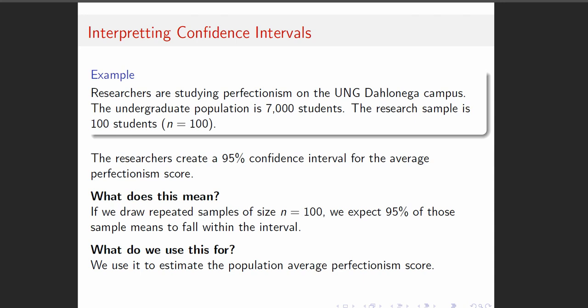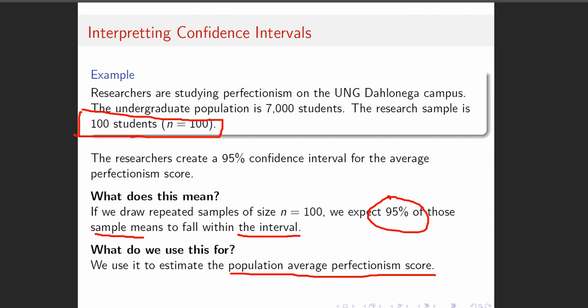If we repeatedly draw samples of the same size, then we're going to get 95% of those sample means to fall in the confidence interval. Does it mean that we're 95% sure that the population average perfectionism score is going to fall in the interval? No.